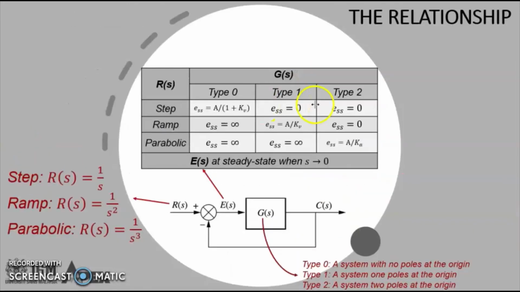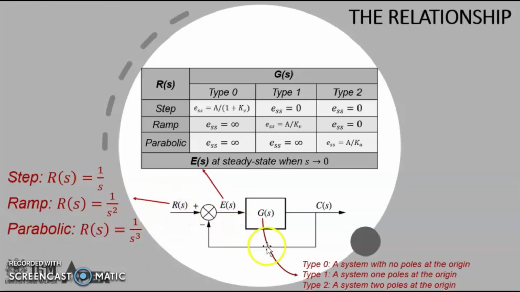And this is another way to represent or summarize this chapter. So you have this feedback system, unity feedback system. We are looking at this type of system. And if you could see here, R(s) can be either step input, ramp input, or parabolic input: 1 over s, 1 over s squared, and 1 over s cubed.